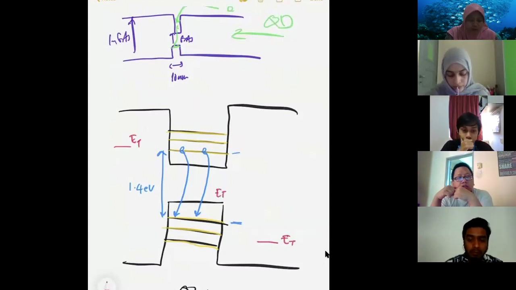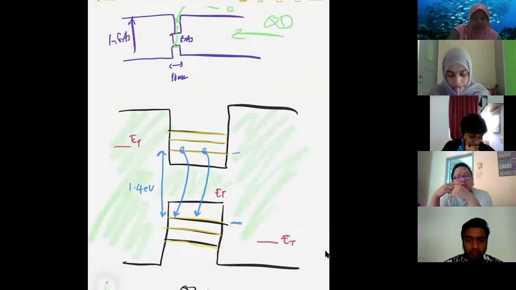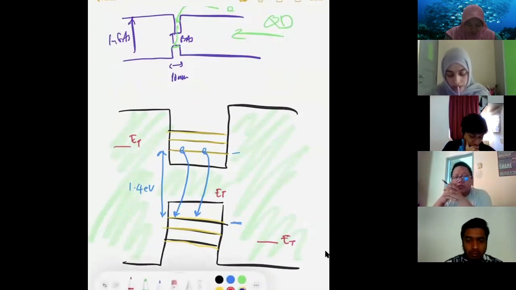Because this area here is all band gap, right? The green area. So the trap can be anywhere inside the band gap. It's still the same concept.